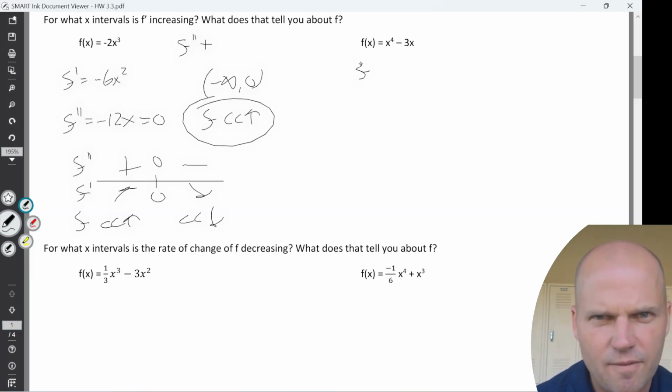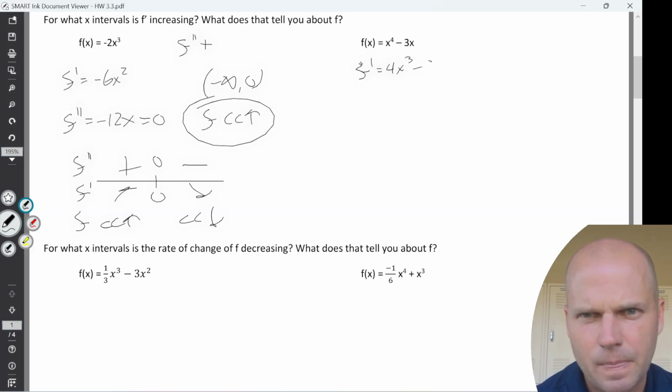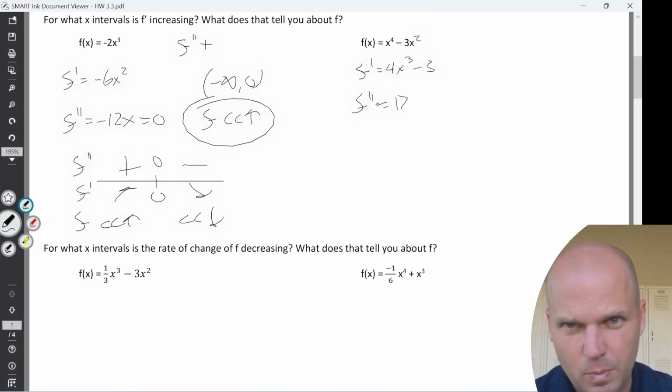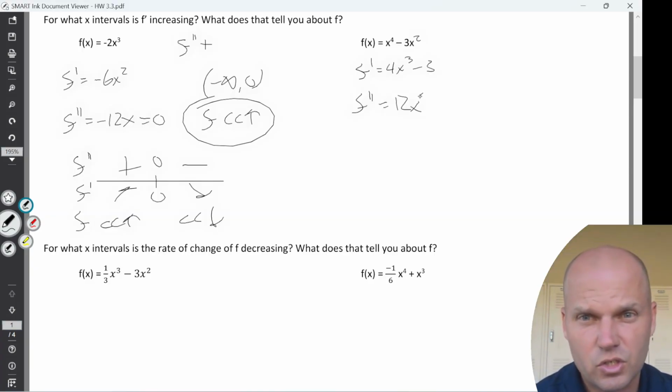Cool, same thing here. Oh, jeez, I screwed up. This should have been like a squared. But whatever. F double prime is just 12x squared. Oh, okay, cool. That's fine. If I plug in 0 or set this equal to 0, I get 0.